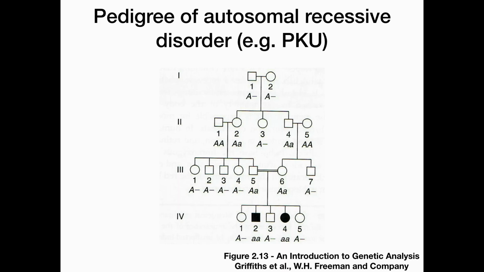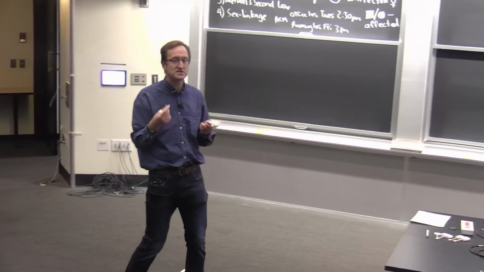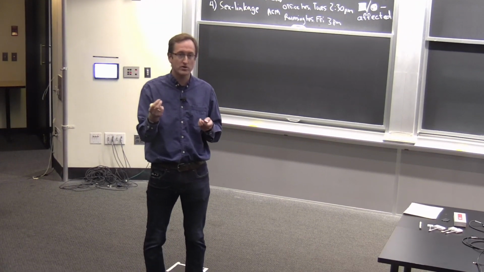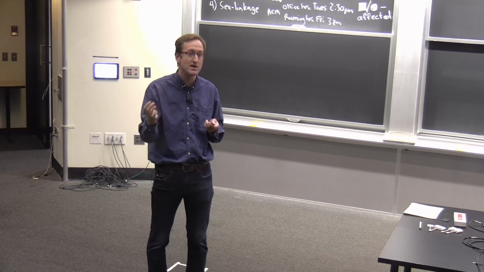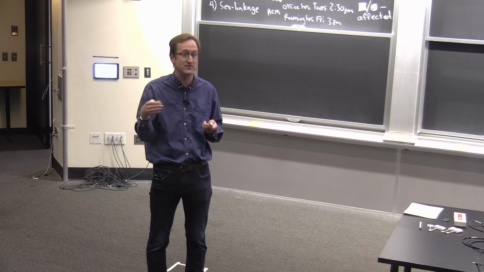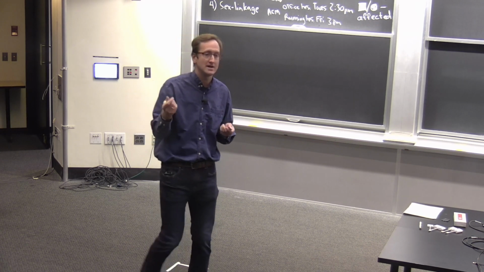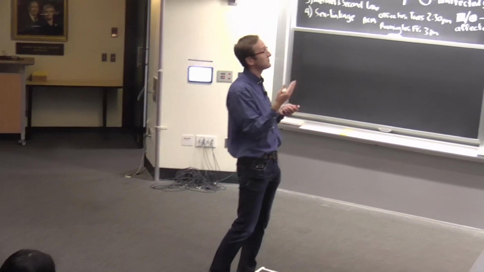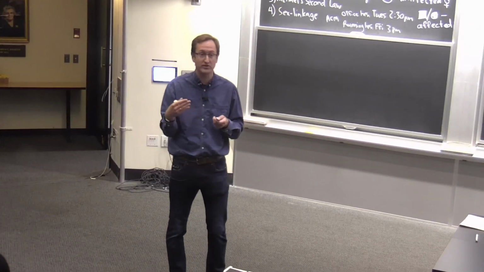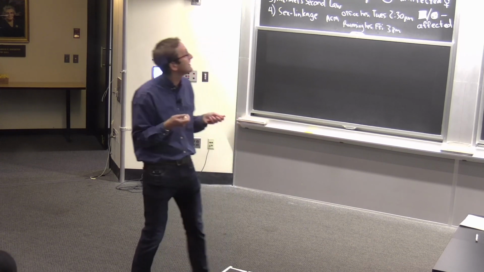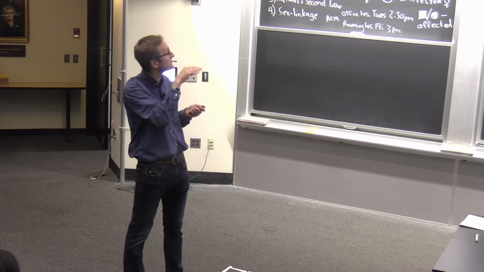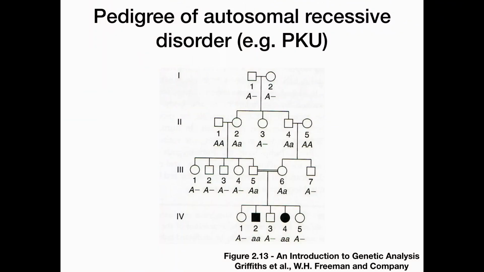Okay, and you'll remember from Professor Imperiali's lecture, this is a disease where there's a mutation or allele in which there's a defective enzyme that can't process the amino acid phenylalanine. And so patients with this disorder have to be very careful about their diet such that they don't take in too much phenylalanine. Okay, and what you see about this trait or disease is that it's skipping multiple generations, and then it manifests itself down here.